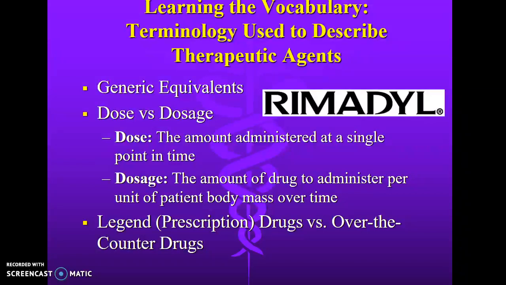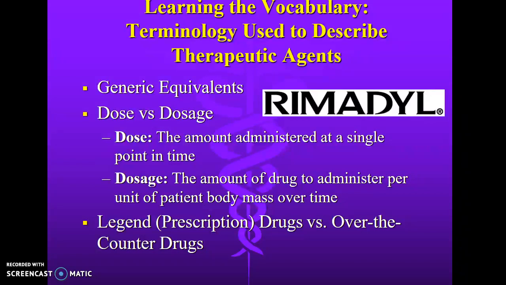So if I tell you, you need to give that dog 2 doses today, maybe it's 6 in the morning and 6 at night. Those are a discrete amount that you're going to give to that animal. We calculate the amount for that particular animal based on a dosage. A dosage is an amount of drug per weight of the animal.